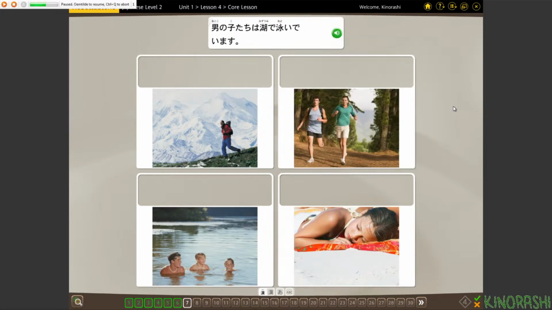男の子たちは湖で泳いでいます。Oh, Mizumi. Otoko no kotachi wa mizumi de oyoide imasu.